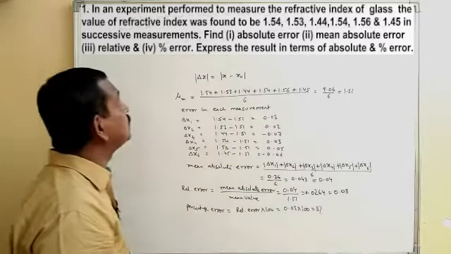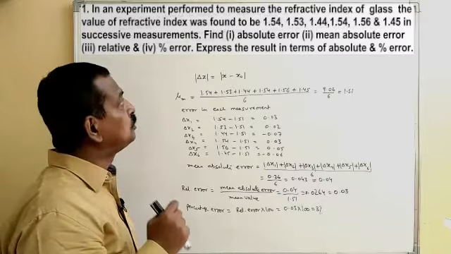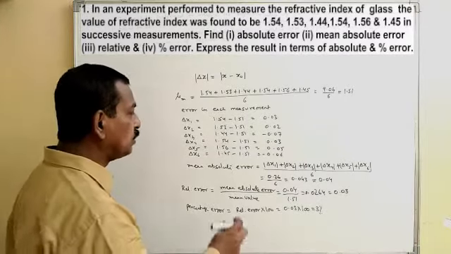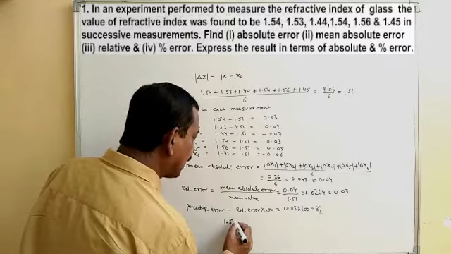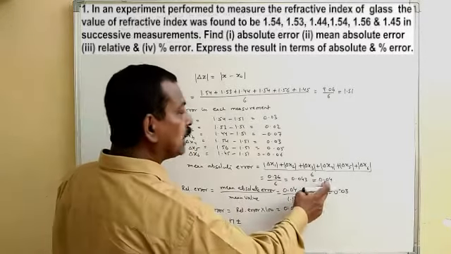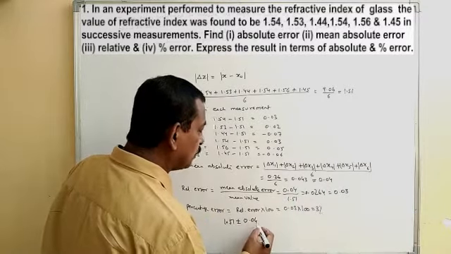And the last part is you have to express the result in terms of absolute error and percentage error. So the final result will be 1.51 plus minus, our absolute error is how much? Mean absolute error, 0.04.